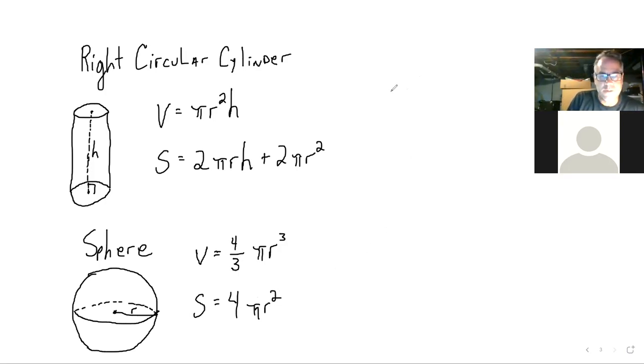Right. Let's put a divider right here. Deal with kind of another circular shape, except this one's just going to have one circle, and it's going to be a circular base.